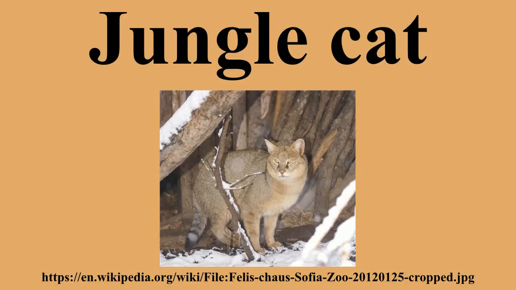Mammal Species of the World identifies German naturalist Johann Christian Daniel von Schreber as the binomial authority, who formerly used the species name Chaus in his 1777 publication Die Säugthiere in Abbildungen nach der Natur mit Beschreibungen.